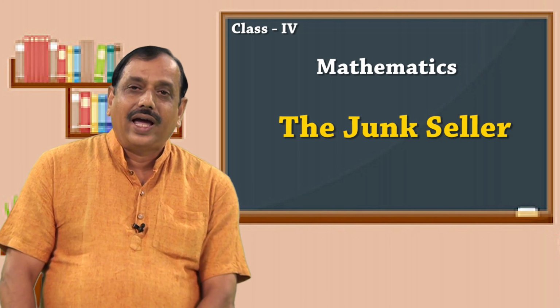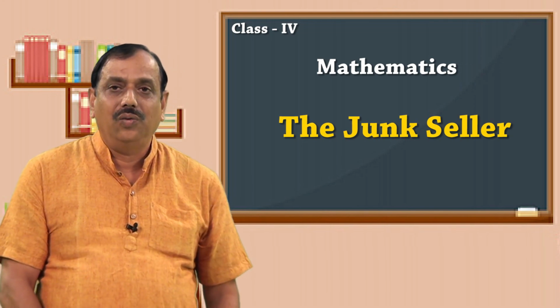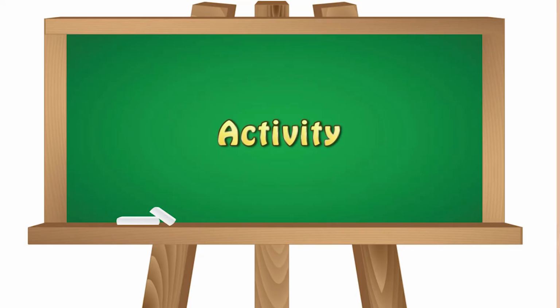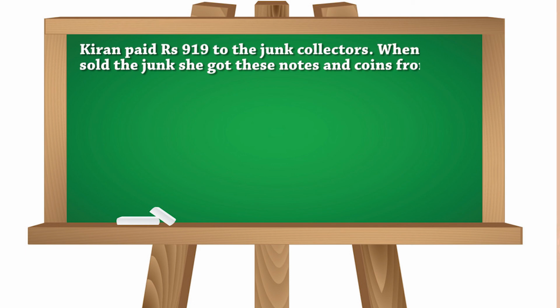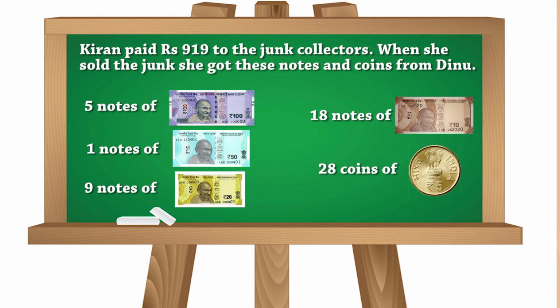Now, here is an activity for you to make an entry and to know how transactional diary entries are made. The activity is presented on the screen. Kiran has paid 919 rupees to junk collectors and she has sold all the junk at Dinu's shop, and these are the denominations she has received.